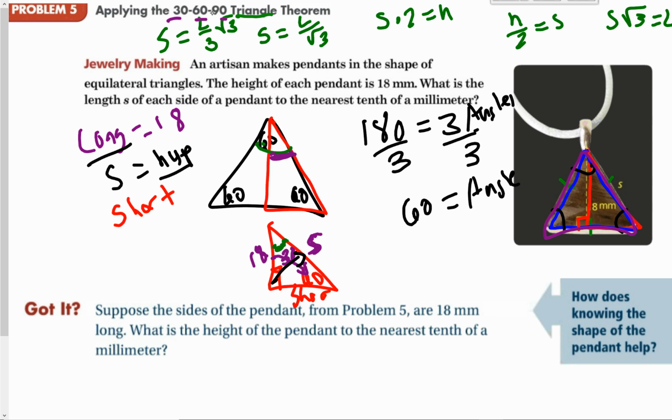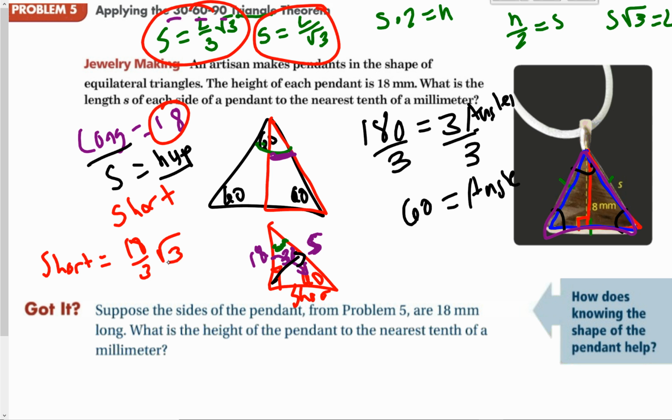So how do I get to the short? Either by taking my long and dividing by 3 and then times by root 3 if it's a whole number, or if it's a root, I just take it and divide by root 3. Well, 18 is a whole number, so to get to my short side, I want to take 18 divided by 3 and then times by root 3. So I simplify this, and I get 6 root 3. So my short side equals 6 root 3, and now I want my hypotenuse.